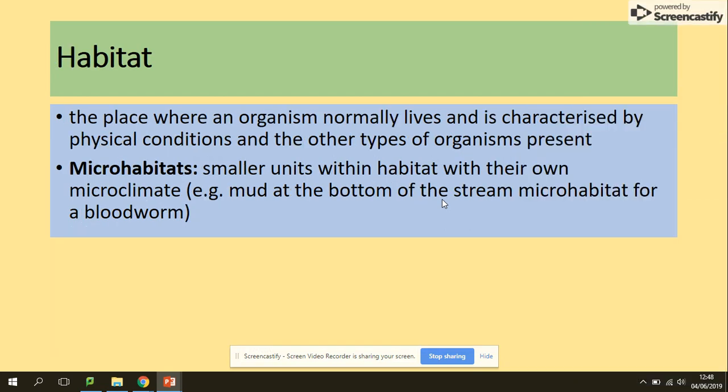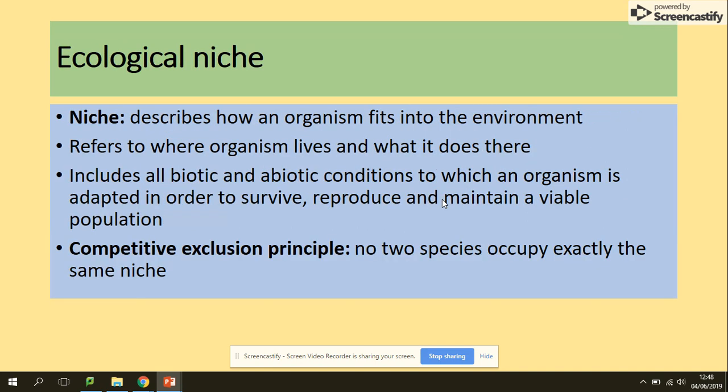A habitat is the place where an organism normally lives and is characterized by physical conditions and the other types of organisms present. Microhabitats are smaller units within a habitat with their own microclimate. It could be mud at the bottom of a stream, a microhabitat for a bloodworm, for example.